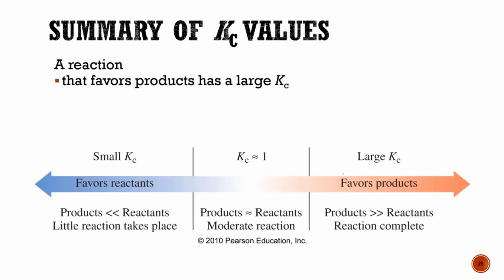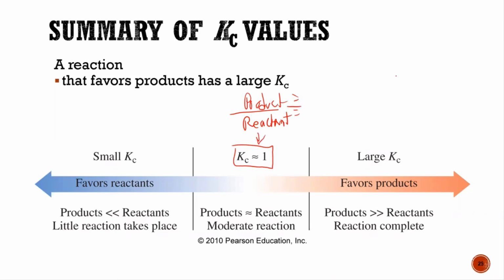The one thing that we use as a guide, as a scale, is if K is 1, that means your products over reactants, their concentrations are pretty much equal. So if I had a 3 molarity over 3 molarity, that would equal 1, right? To get 1, this concentration would have to be the same as this. These would have to be equal, and they would cancel out and go to 1.